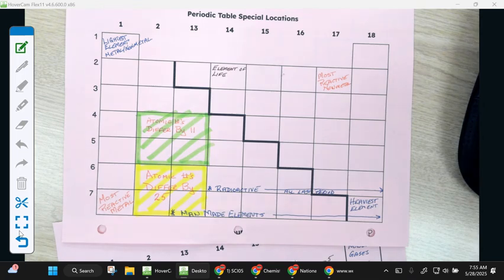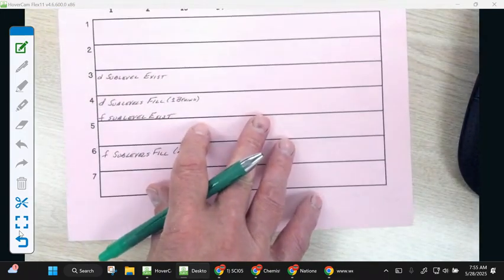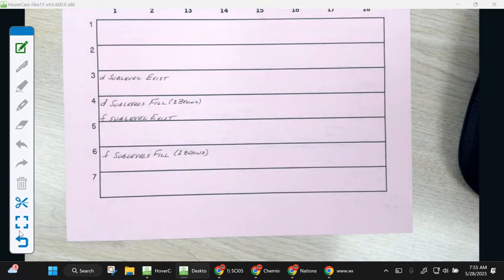When do the orbitals first exist? Certainly. In the 3rd, D's exist. In the 4th, they fill. In the 4th, F's exist. In the 6th, F's fill. This is where those things exist and where they fill.